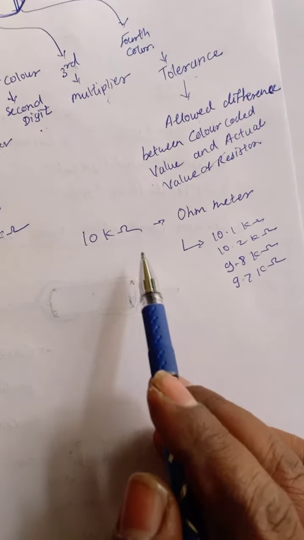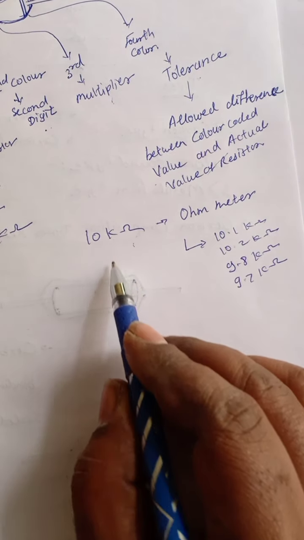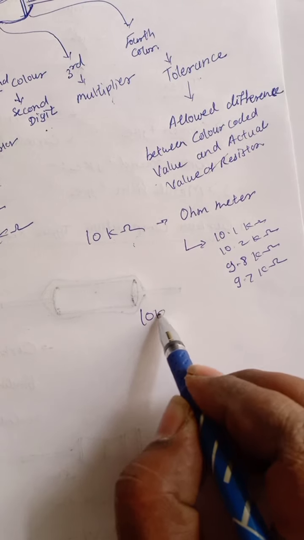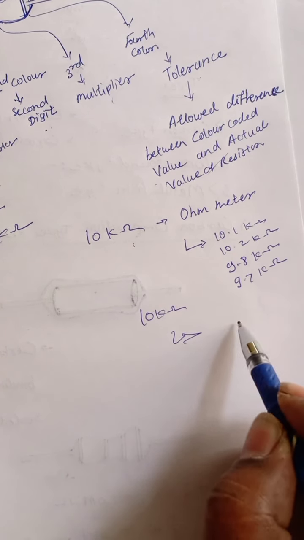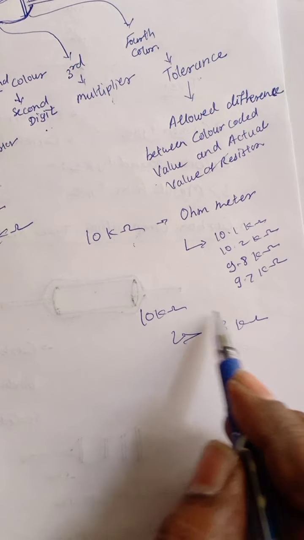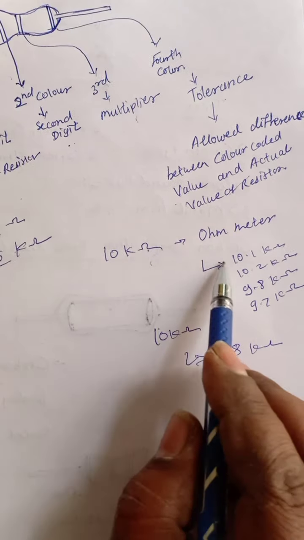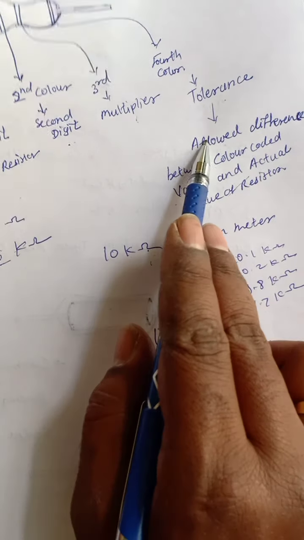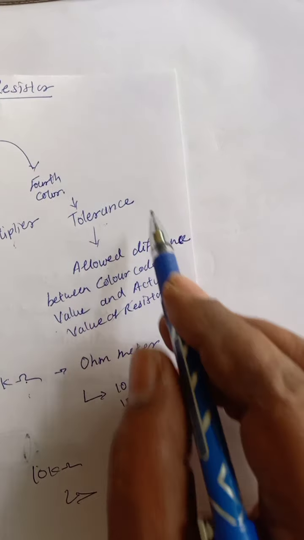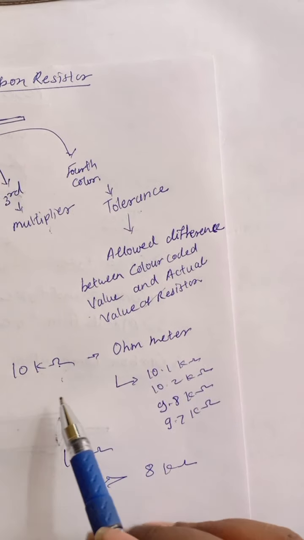Allowed difference means a tolerable difference between the color coded value and the actual value. If 10 kilo ohm is given and the actual value is, suppose, 8 kilo ohm, then it is not an allowed difference; it is too much difference. So tolerance indicates the tolerable value difference between these two.